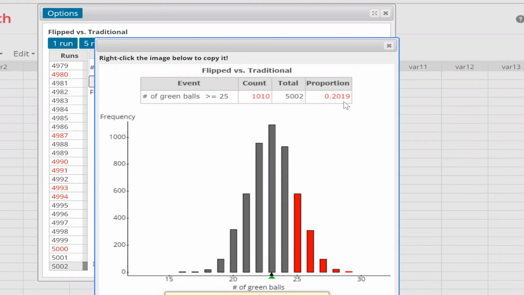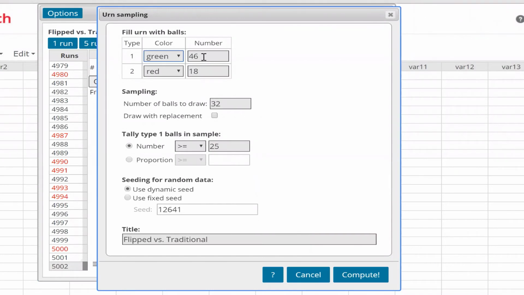Let's think about what this 0.20 is saying right here, okay? First of all, how did we get to 0.20? We had 46 students passing, 18 did not pass, overall. We randomly selected 32 students and recorded the color of the ball. In other words, recorded whether the student passed or not.